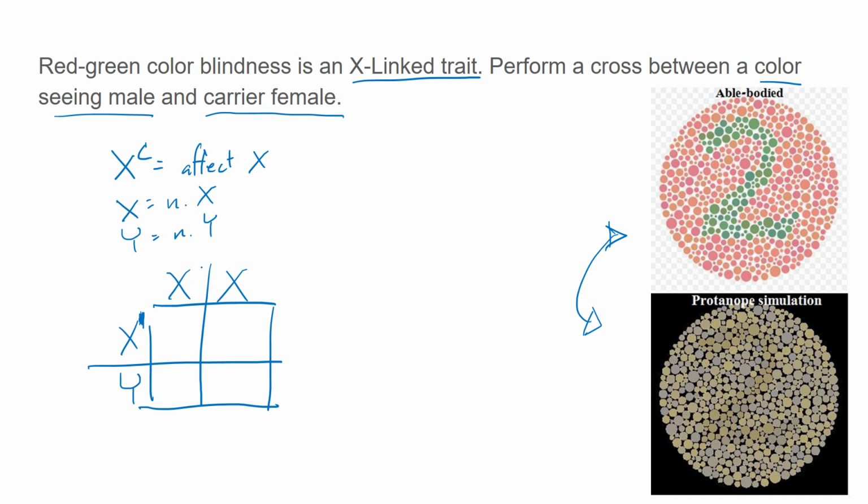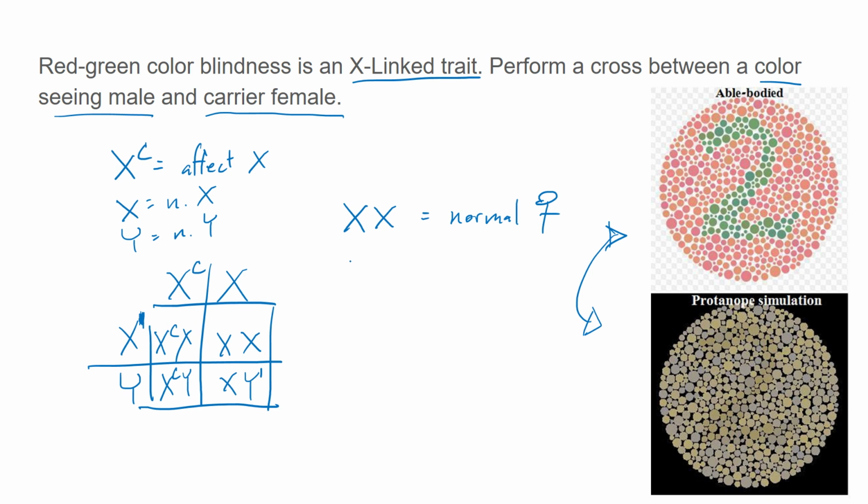And then a carrier female, that means one of these X's has the allele, not two, because then the female would also be colorblind. So let's do XCX, XCY, XX, XY. So looks like we have almost every combination. We have XX, which is going to be a normal female.